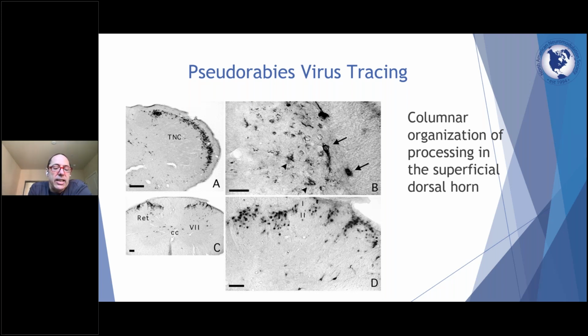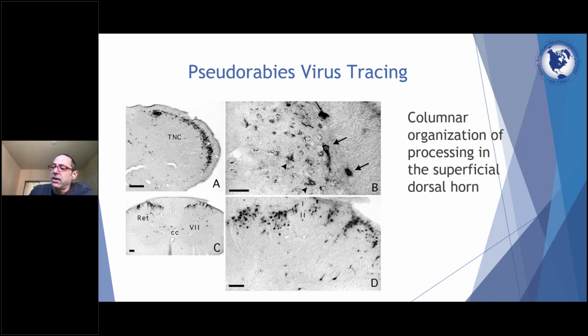Pseudorabies virus was injected into that nucleus, and then Pseudorabies virus will travel from one neuron to the next in a pathway on the order of about 1 neuron in a chain every 24 hours. And normally the rat can survive 4 or 5 days.